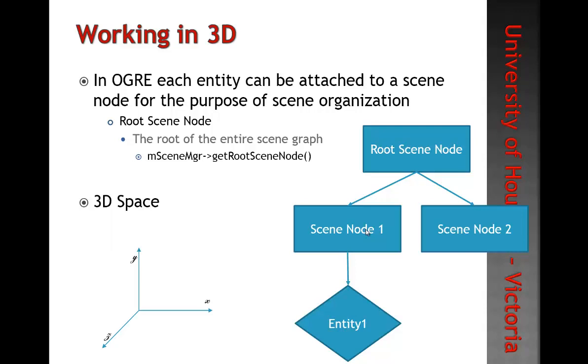All of the nodes that we have in the scene will effectively be connected to what we call a root scene node. Each Ogre application has one root scene node, and all of the nodes in the scene are connected to it. You can think of these as containers that hold several different kinds of actors and objects in your scene.